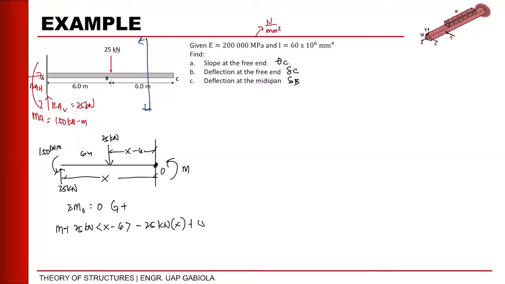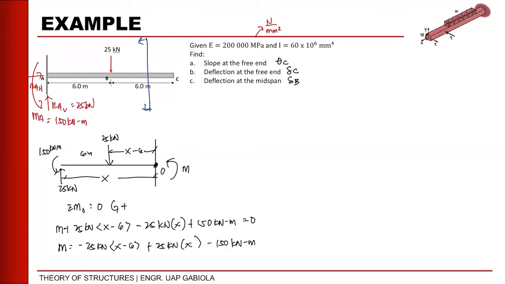So for 150 kilonewton meter is equals to 0. Okay? So yung moment natin, equation natin, will be equals to negative 25 kilonewton X minus 6 minus 25 kilonewton times X, plus na pala to, and minus 150 kilonewton meter. Okay, so yan yung moment function natin.